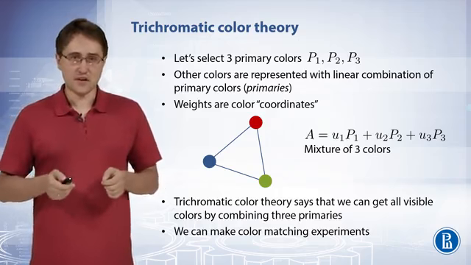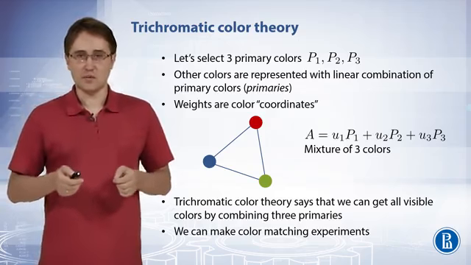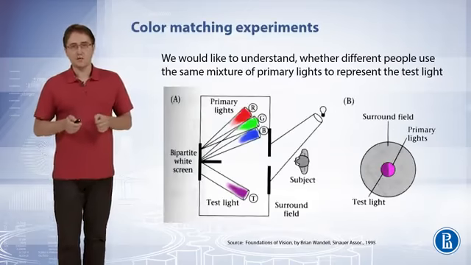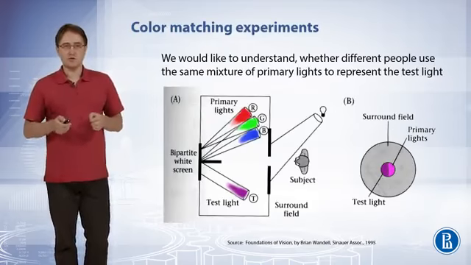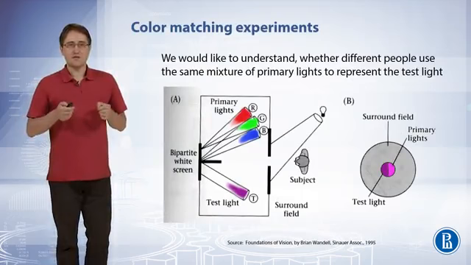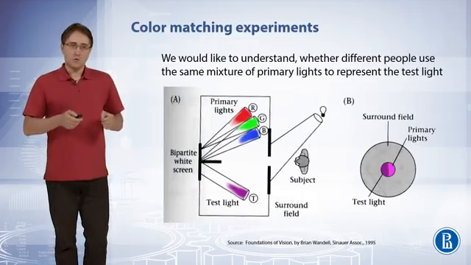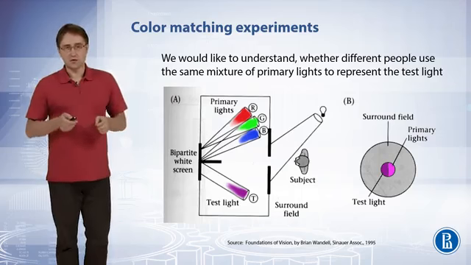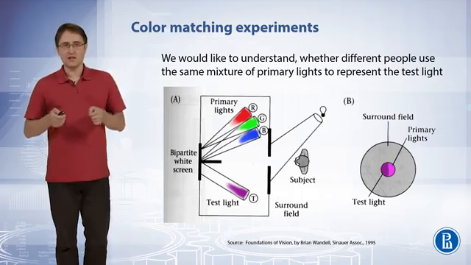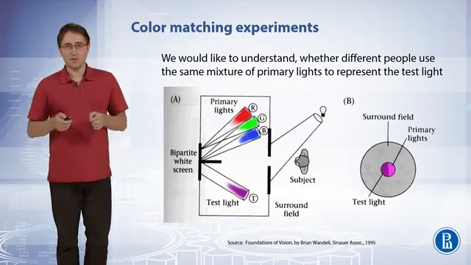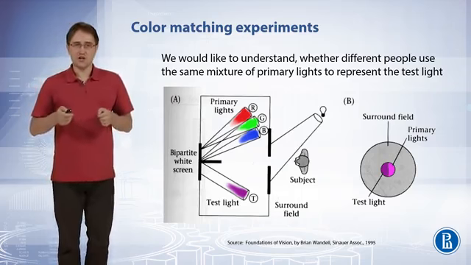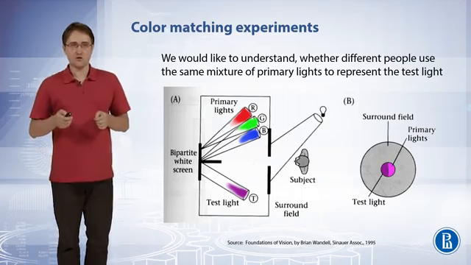To verify this theory, we can make color matching experiments. In these color matching experiments, the human observer is presented with different lights. On one part of the screen, he sees a light spot from the test light. On another part of the screen, he sees a spot that is combined from three primary light sources. The human observer can change the relative power of these light sources.